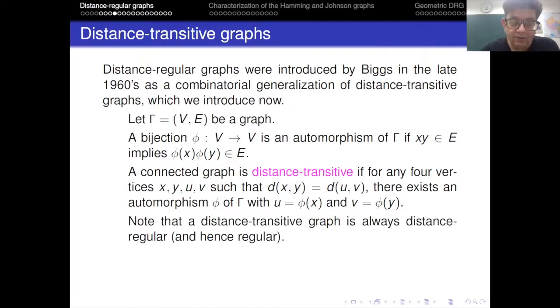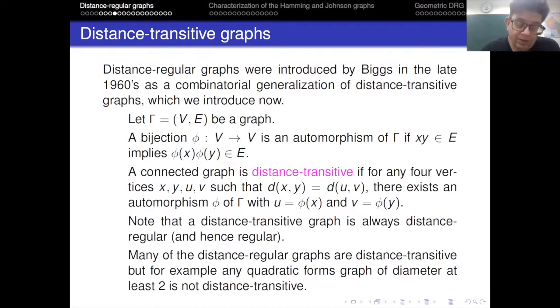Note that a distance transitive graph is always distance regular and hence regular, because the point stabilizer of a vertex is transitive on gamma_i of x. That makes it distance regular.